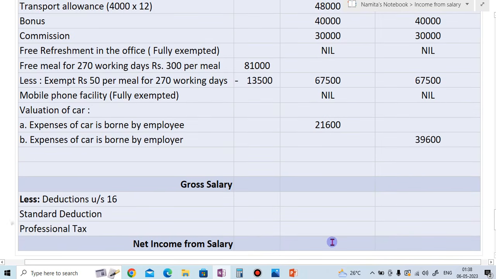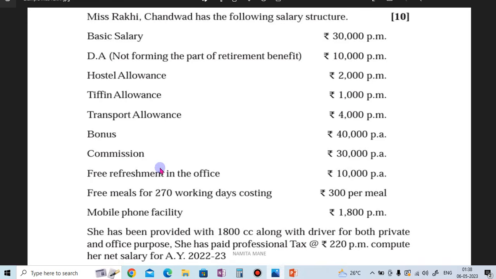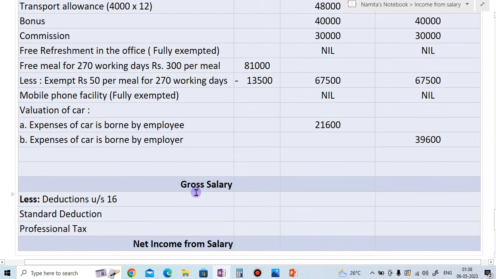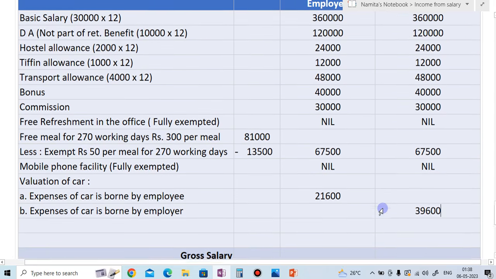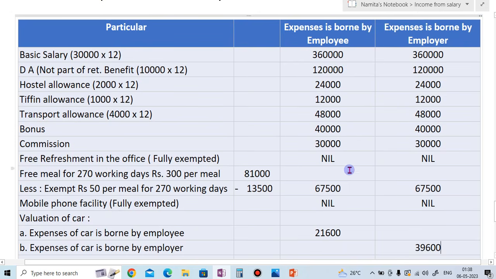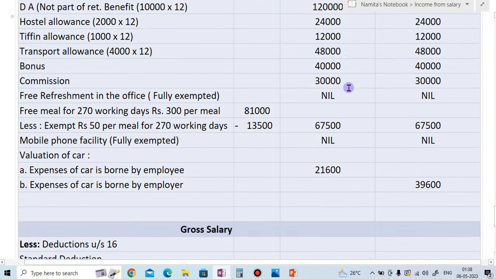39,600. Okay, now next is what she has paid, professional tax. So professional tax is deducted under section 16. So now we have entered all the information in the calculation of the gross salary. Now next, after this we have to find the gross salary. So add all the amounts of the employee if the expenses are borne by the employee and write it.